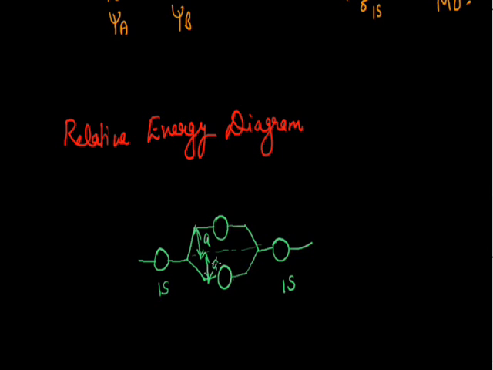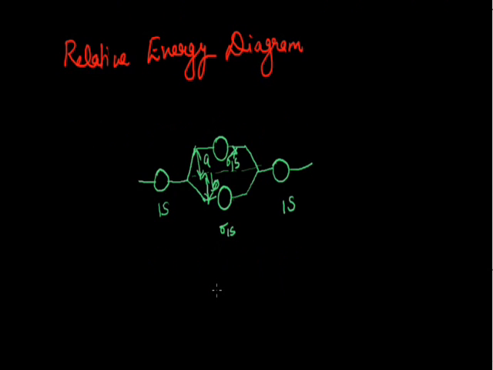One molecular orbital lies above the energy level of the atomic orbitals and the second lies below. The one that lies above is the anti-bonding orbital denoted by sigma 1s star, and the one that lies below is sigma 1s, the bonding molecular orbital.